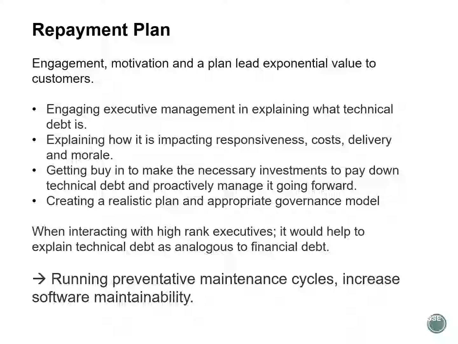So of course, the idea is that it impacts the responsiveness, cost, and delivery of the product. It also means that you need to fix these things so that you can actually, later in the life cycle, add more features or ensure that you don't have huge problems with the software.